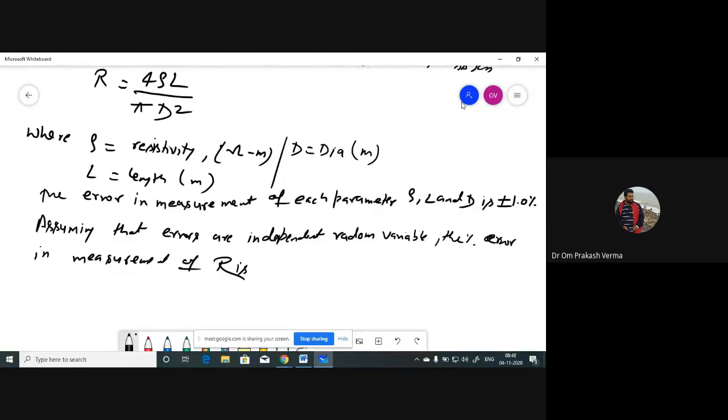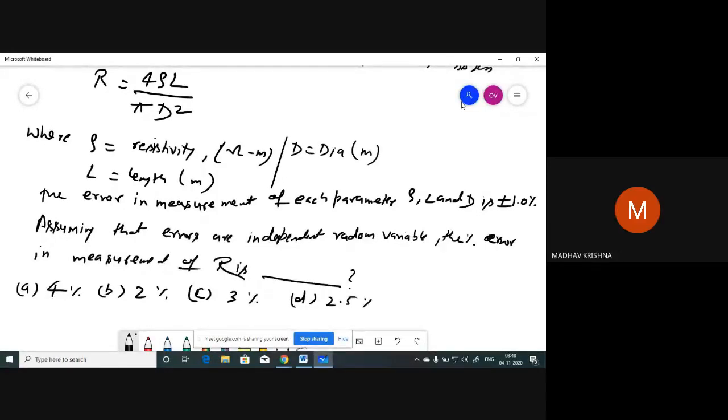So anybody can tell me what is the answer? 4%. Try to solve it. Sir, there are options also. Shukla ji said 4%, 2%, maximum would be 4%, it could even be 0%. 3% and D is 2.5%. Sir, the maximum error is asked, right?